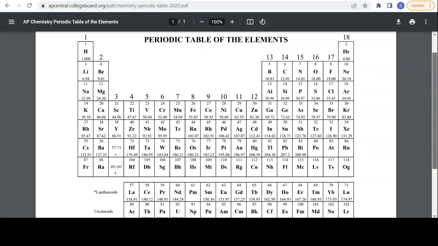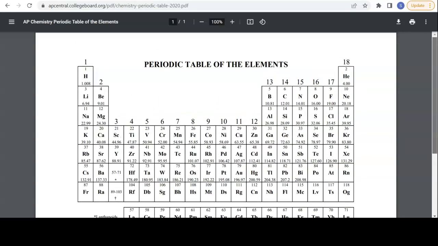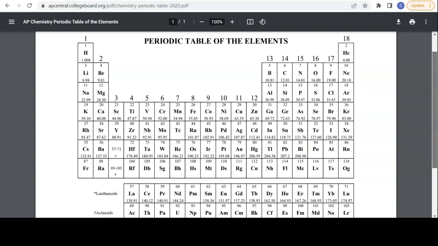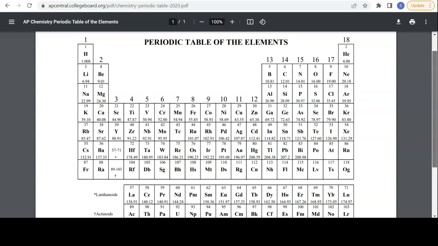Okay, so here's the periodic table that you'll be provided on the test. I'll also leave a link of this. So yeah, I mean, it's a periodic table. There's not too much to see here. But again, the main takeaway is to keep in mind that there are not going to be the element names. So you'll want to make sure you have at least the common element names memorized. You don't need to memorize all of them.